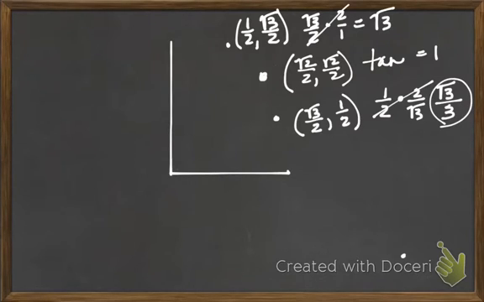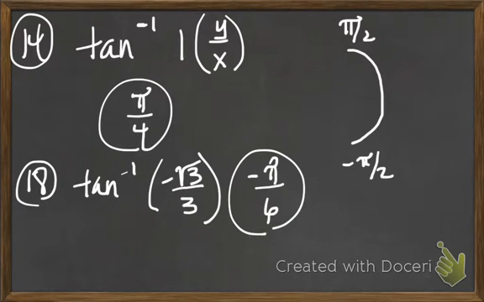I like to talk about tangent because it's the harder one out of inverse sine and inverse cosine. All right, so what was the last one we did? 18. All right, questions about those? Those are the ones that you're going to be using your unit circle for.